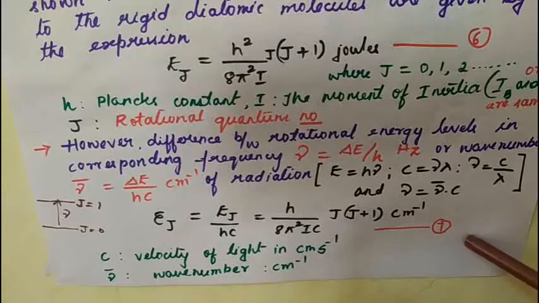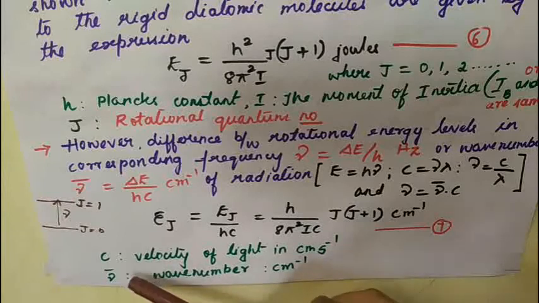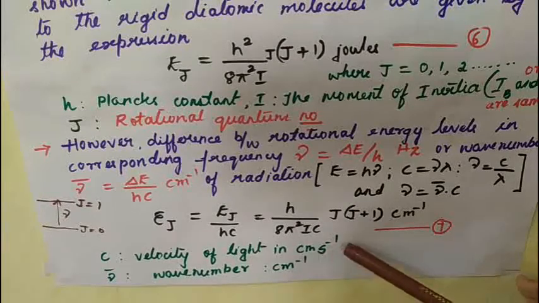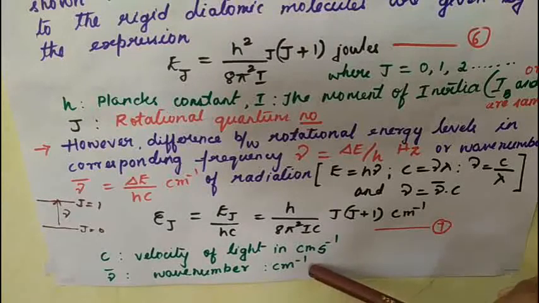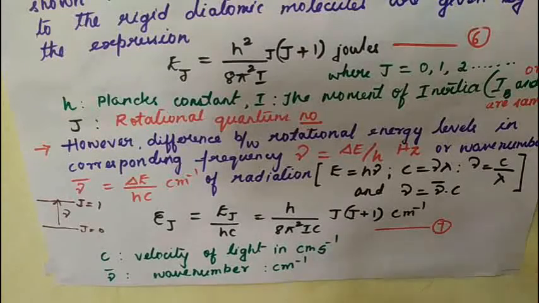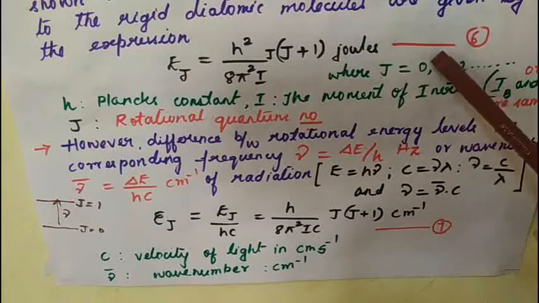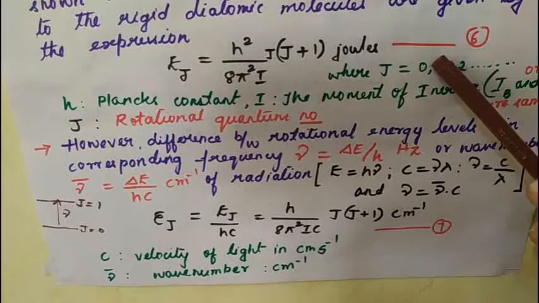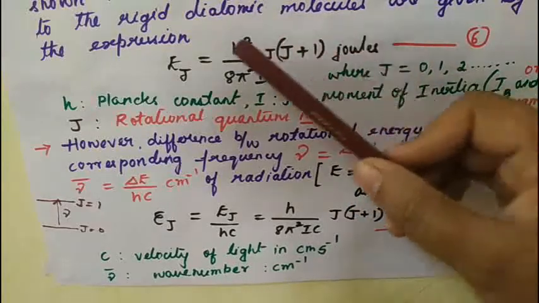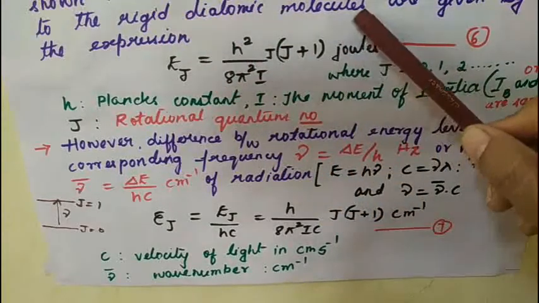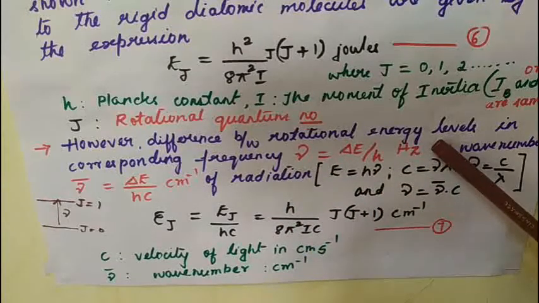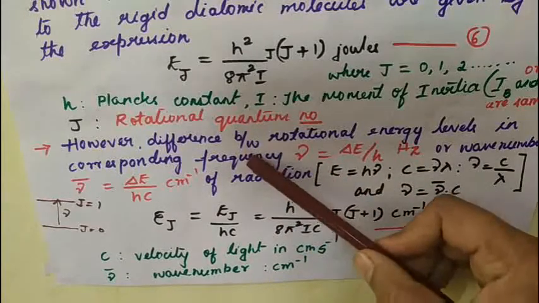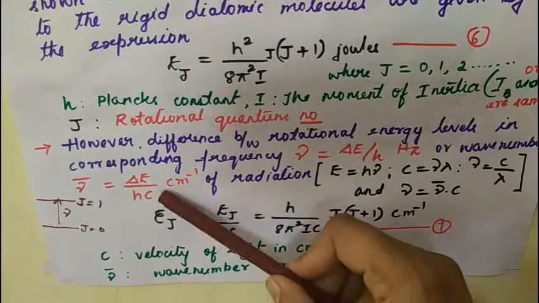That is equation number 7, where C is the velocity of light in centimeters per second and nu bar is the wave number in per centimeter. So we came to know the energy expression for the rotational energy levels of rigid diatomic molecules, and the expression for the difference between rotational energy levels corresponding to frequency as well as wave number.